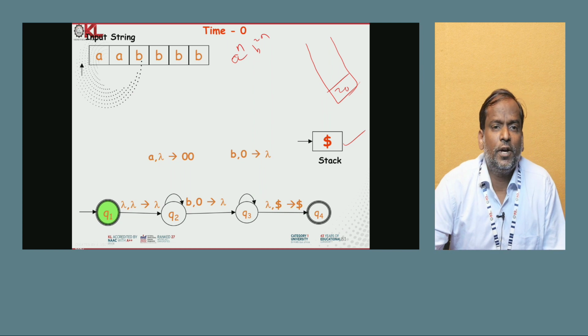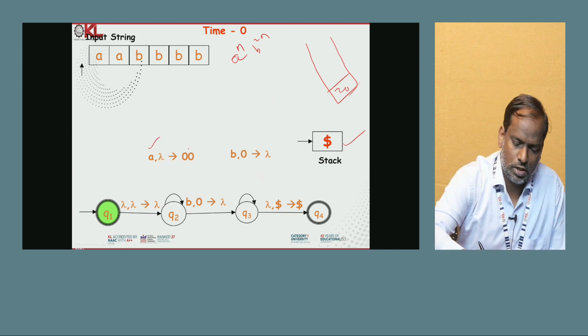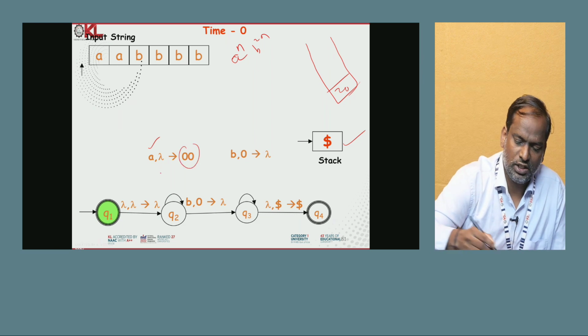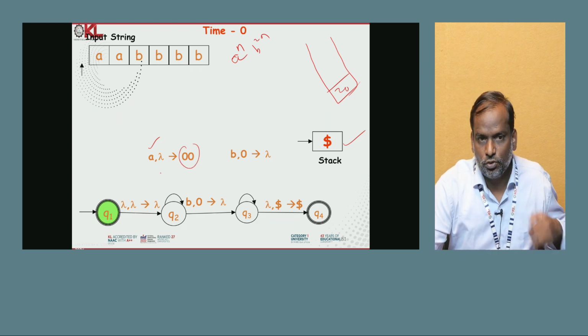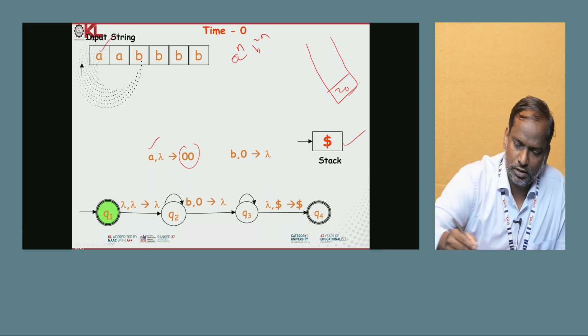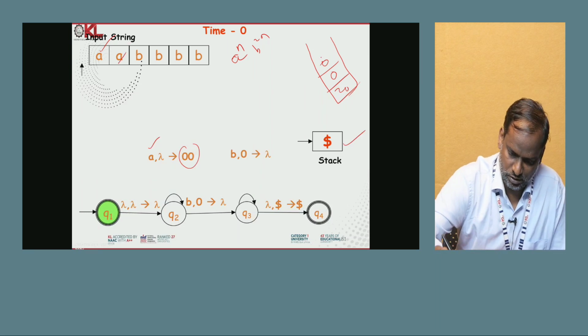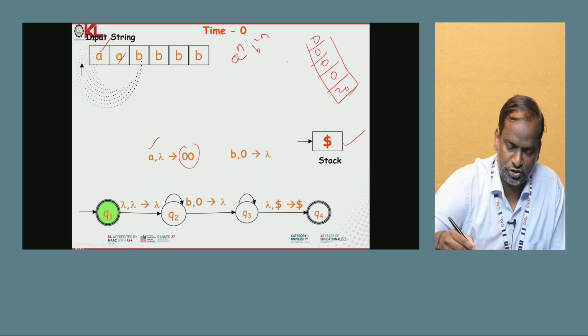Now if I read A, then push 2 zeros onto the stack. If I read A, push 0 0 onto the stack. Again read A, push 0 0 onto the stack.